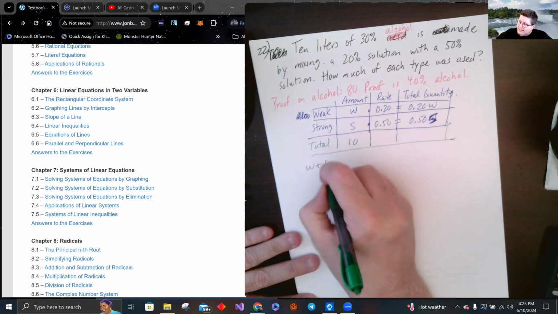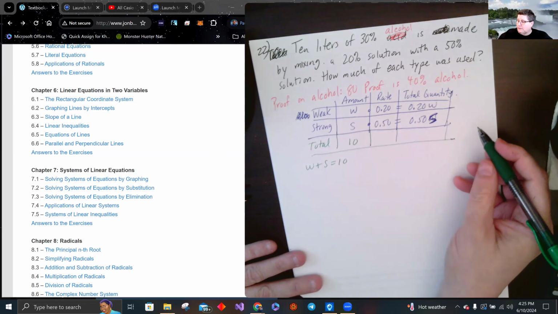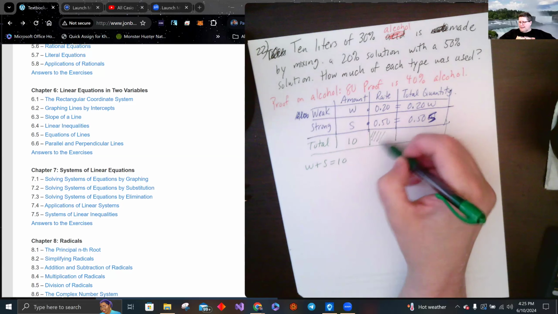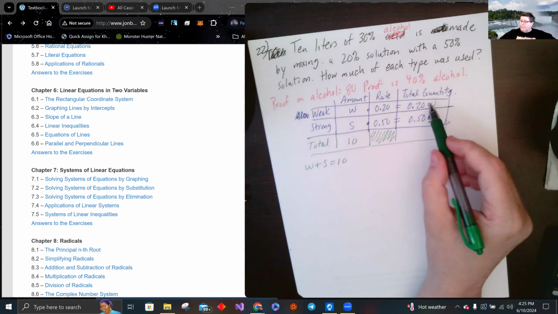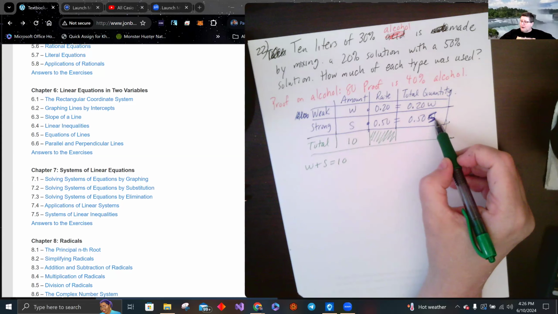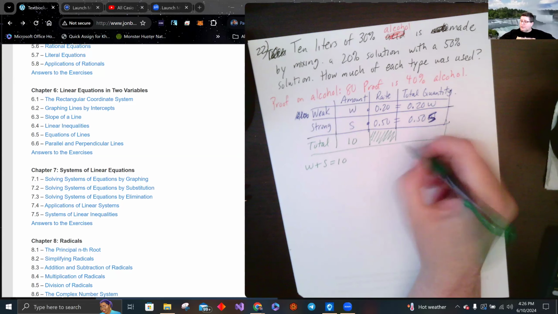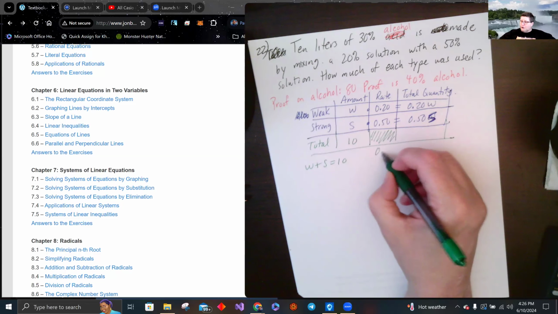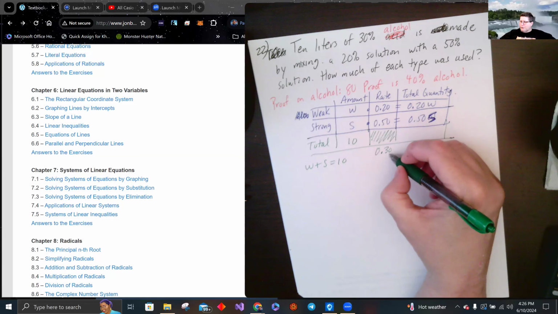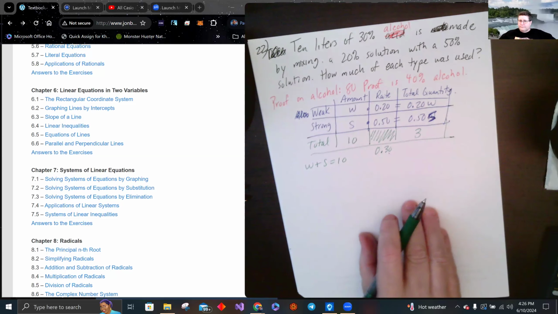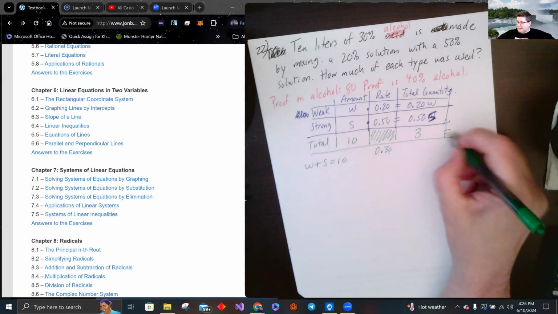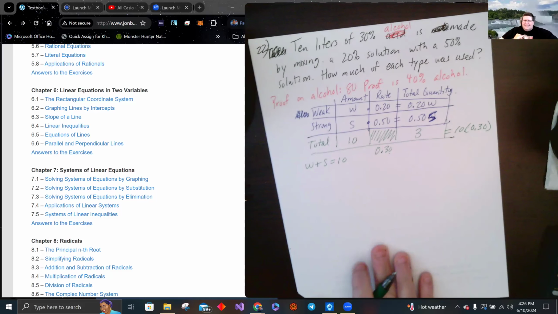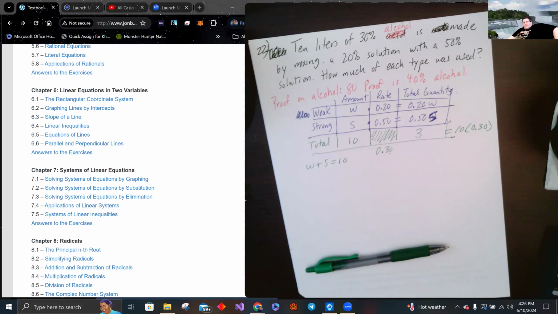So W plus S should equal 10. Adding rates together doesn't make sense, but I do know when this was added together, I should have had a 30% solution. 10 liters at 30% is 3.